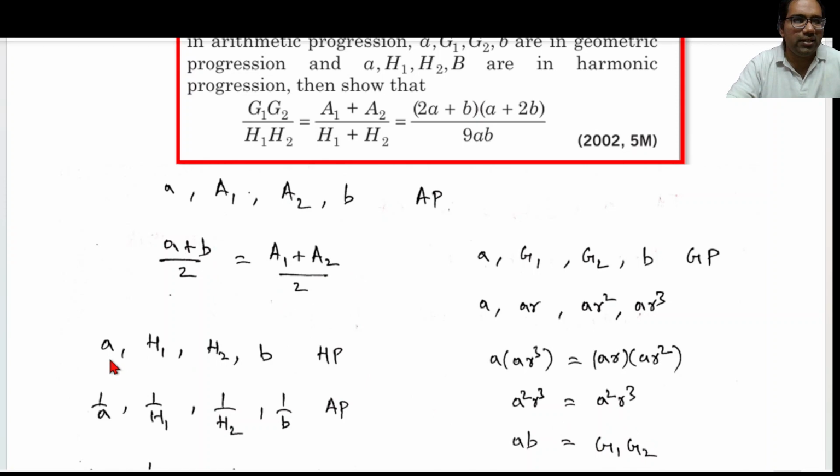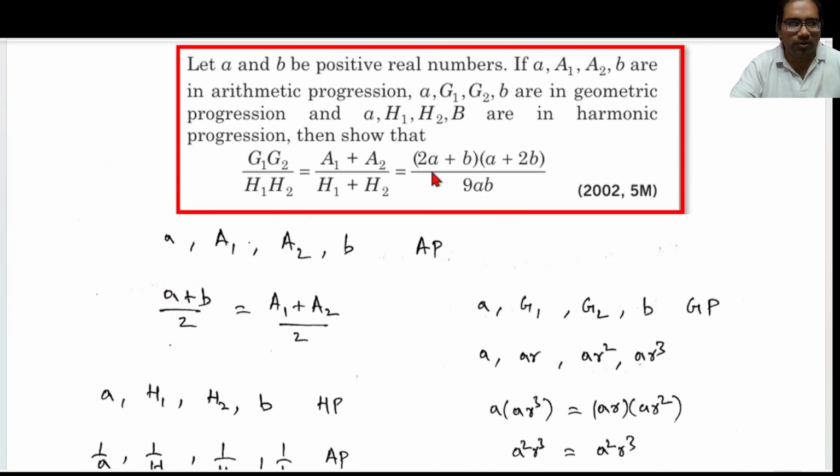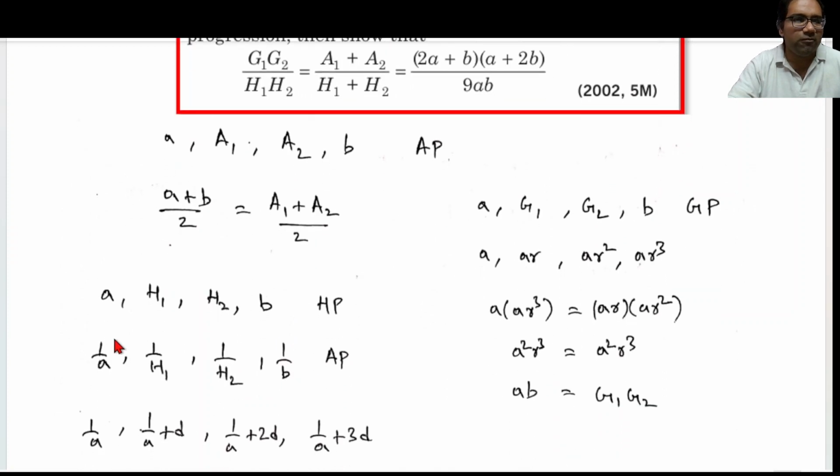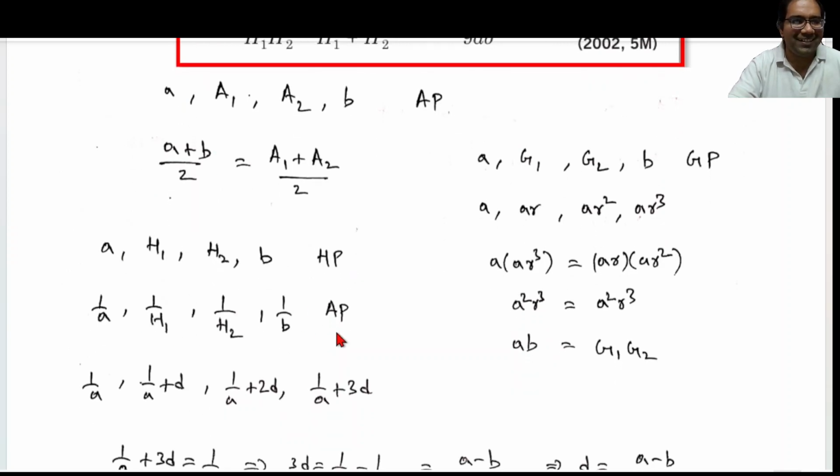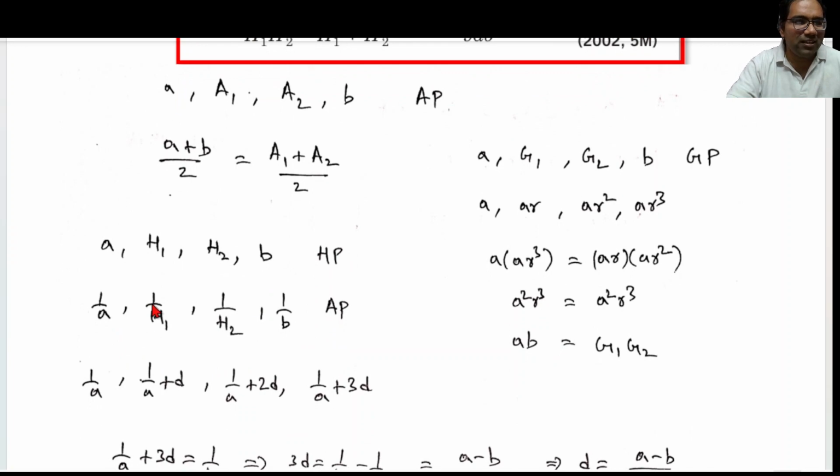Similarly, a, H1, H2, and b are in harmonic progression. That means 1 by a, 1 by H1, 1 by H2, 1 by b are in arithmetic progression, reciprocals of items in harmonic progression. Let's take common difference as d. That means 1 by a plus d is 1 by H1, 1 by a plus 2d is 1 by H2, 1 by a plus 3d is 1 by b.